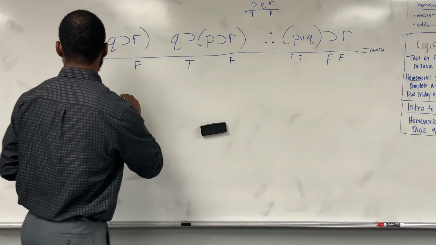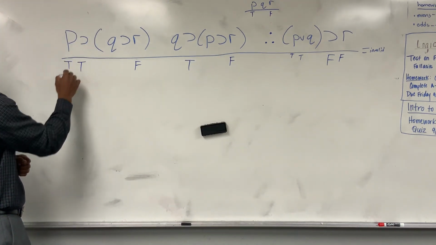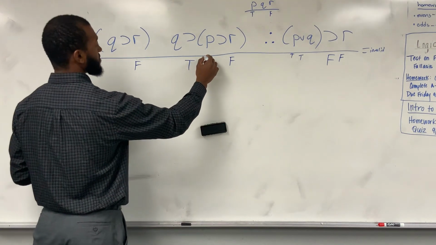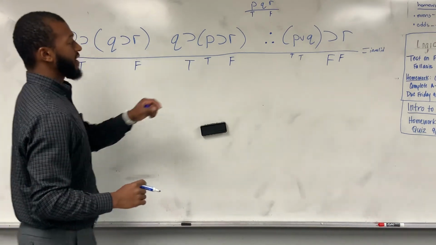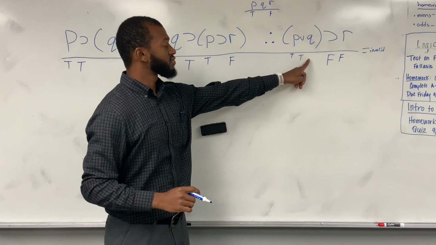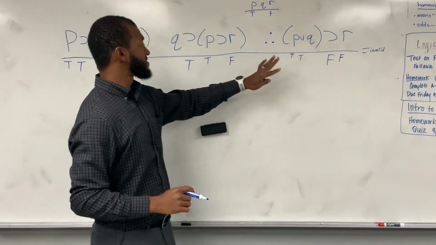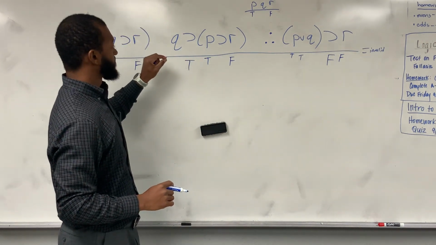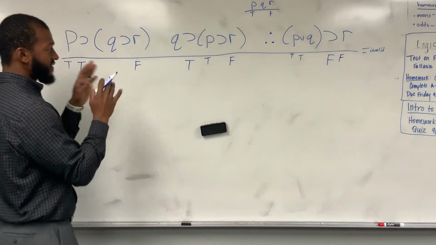And P will be true here, and P will be true here. I'm going to wait to fill in this Q just because it could be true or false, but I want to wait and see if I can work somewhere else first.